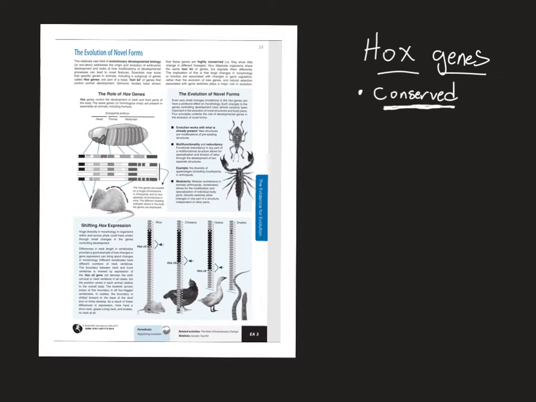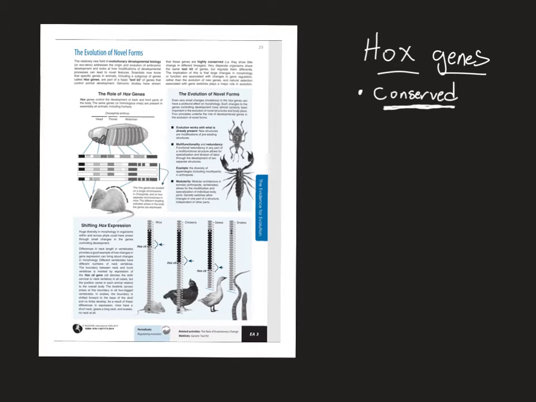So what I mean by that is that, again, remembering that just the fact that it's conserved suggests that it's very important. But then we found out that these Hox genes control the development of the head, the thorax, and the abdomen.